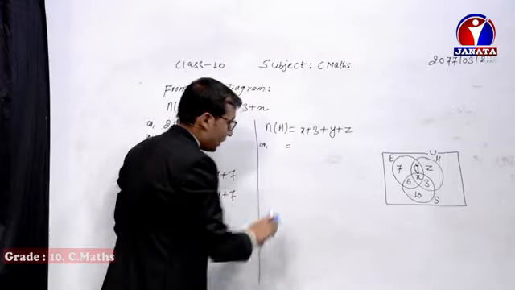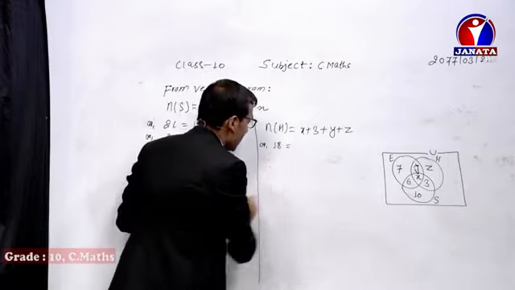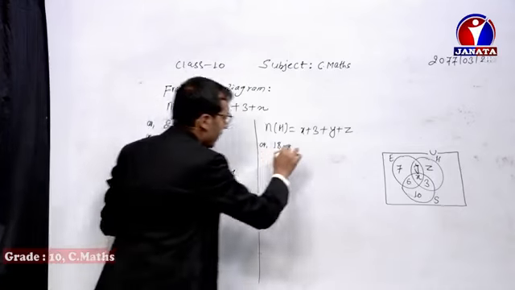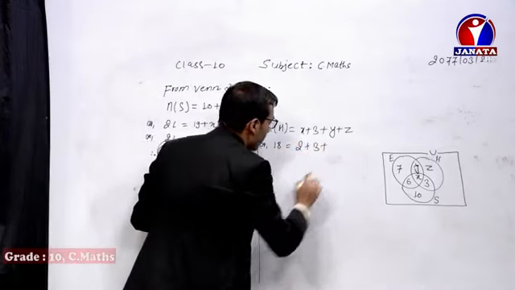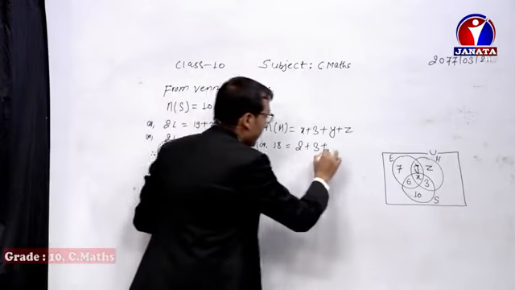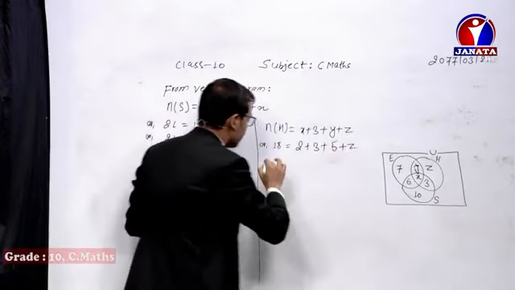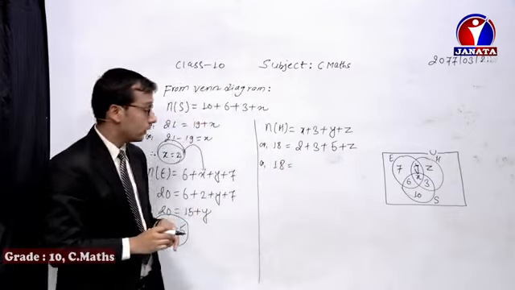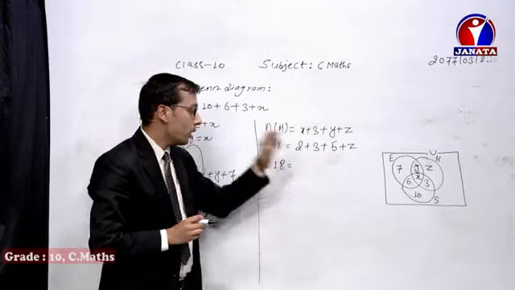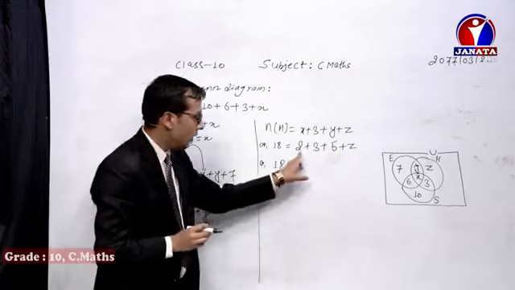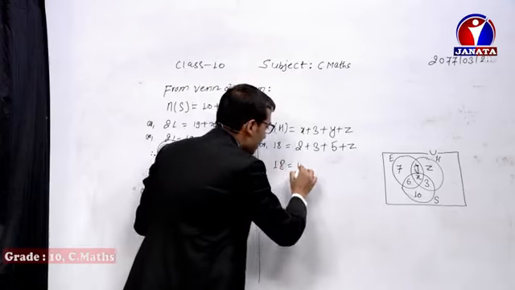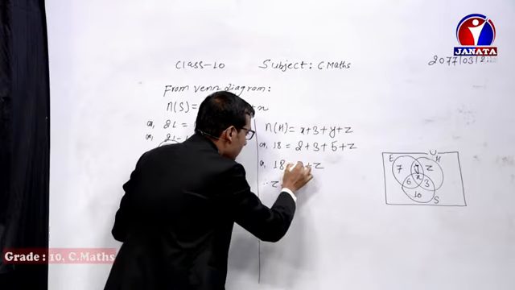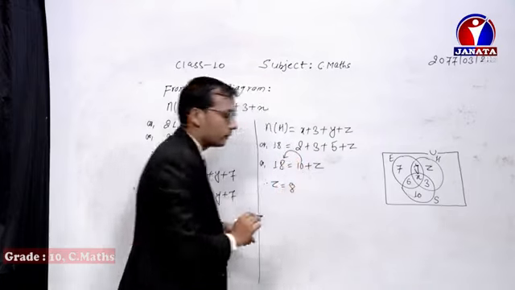It's 18. So 18 is 2 plus 3 plus 5 plus z. Adding these, 5 plus 3 is 8, 8 plus 2 is 10, 10 plus z. So what is z? Z is 18 minus 10, which is 8.